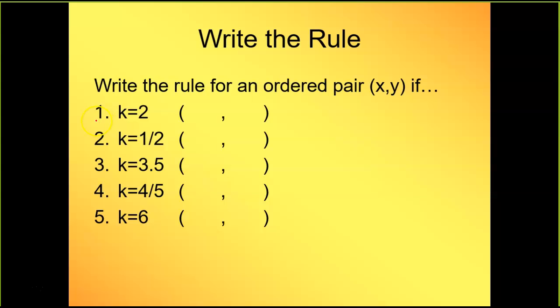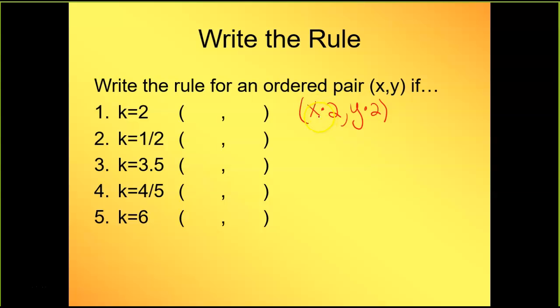All right, so if we look at problem number 1, what's my scale factor? 2. So if I were trying to find my rule, I know that I have to take my x coordinate times 2, right? And I also have to take my y coordinate times 2, right? But we're 8th graders.